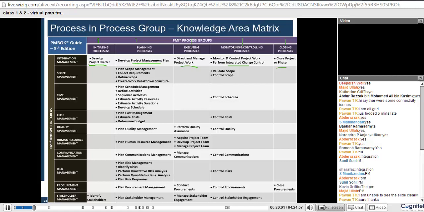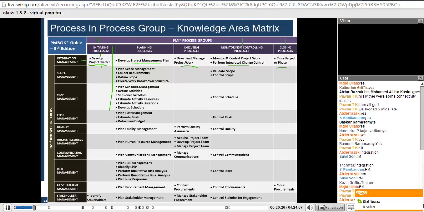That develop project charter is a process which belongs to the integration management knowledge area and is part of the initiation process group. Now if I ask you how many processes are there in the initiation process group, you just need to look in the first column here, and you would find that there are just two processes in the initiation: developing the project charter and identifying the stakeholders.